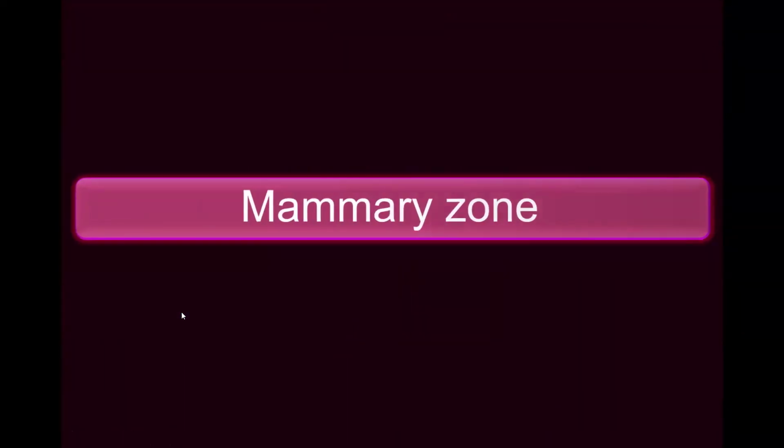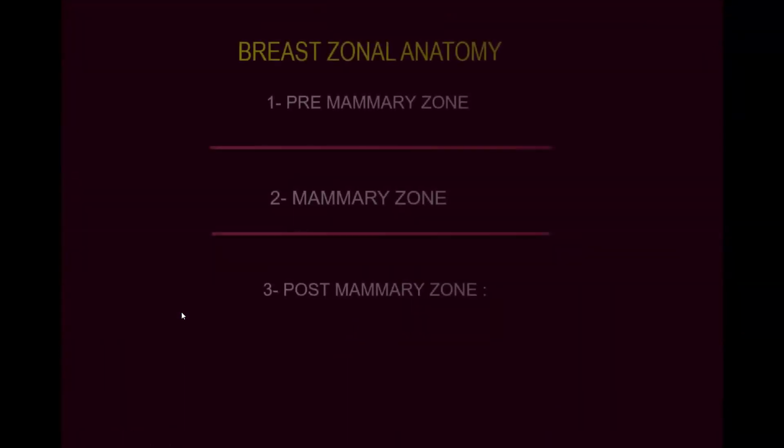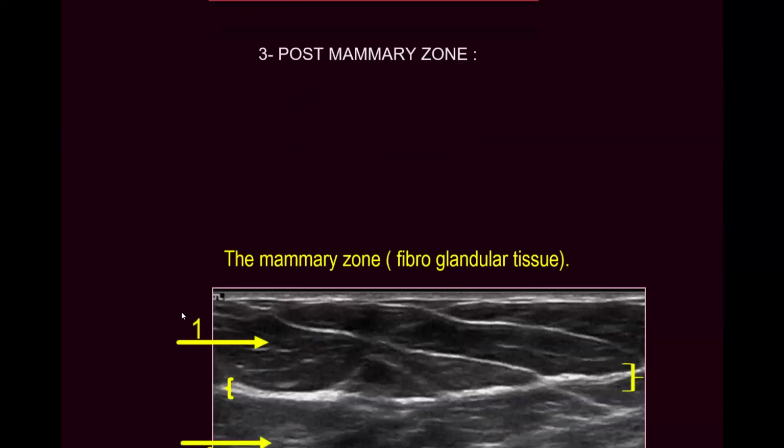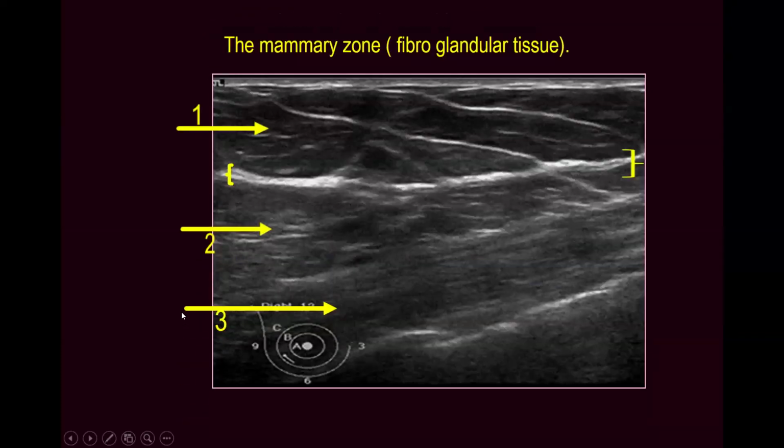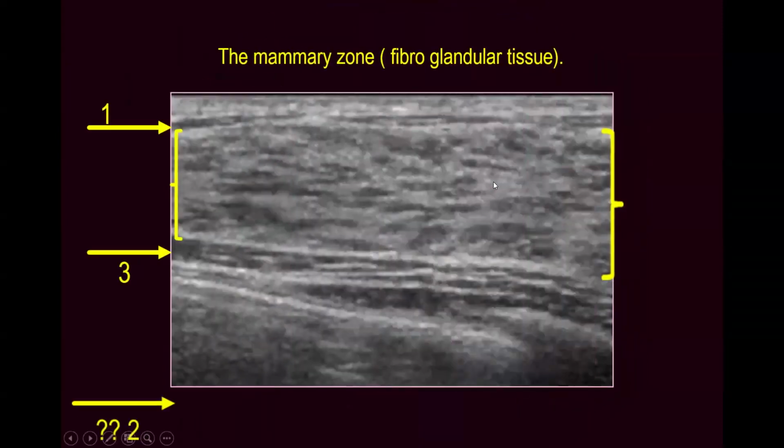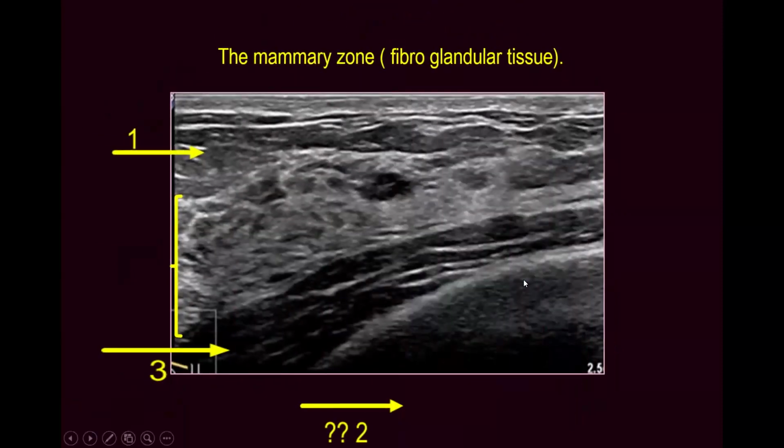Okay, going to the mammary zone. This is a fatty breast. That is only the mammary zone between brackets. This is almost the mammary zone filling the whole space. This very thin layer is pre-mammary, and this is the pectoralis, okay? But there is no retro-mammary fatty layer.